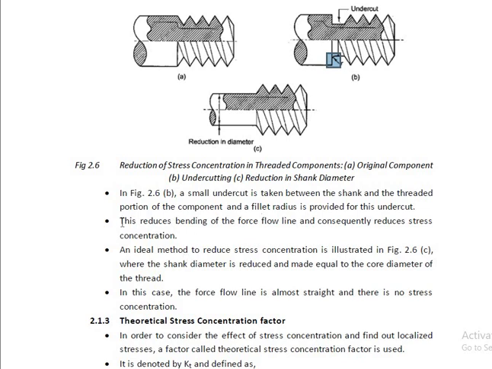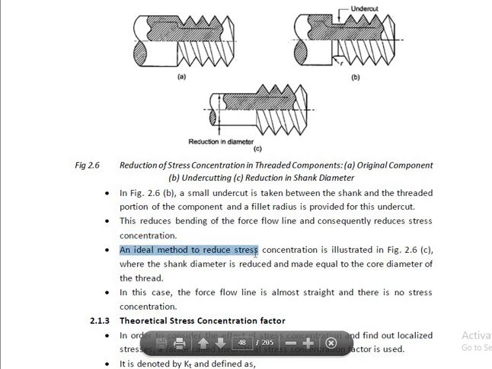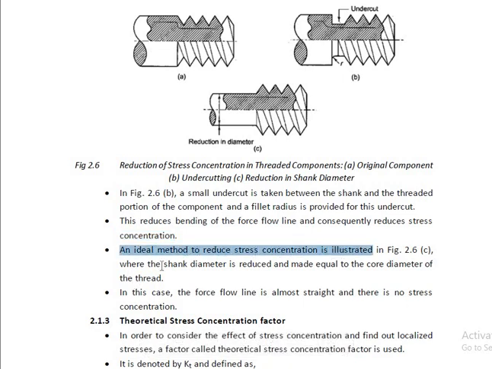This reduces the bending of the force lines. I have already told you, this reduces the bending of the force line and consequently reduces the stress concentration. The second method, an ideal method to reduce stress concentration, is where the shank diameter is reduced. Look at this shank diameter. Here is the original shank diameter, and here is the reduction in shank diameter.